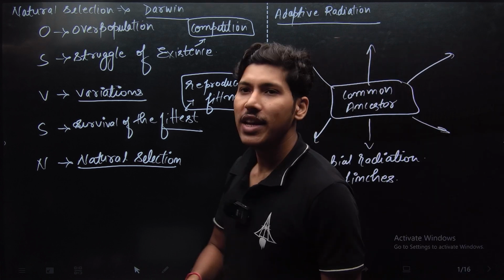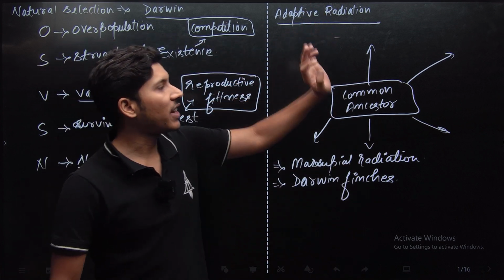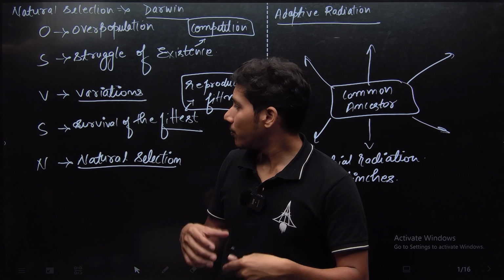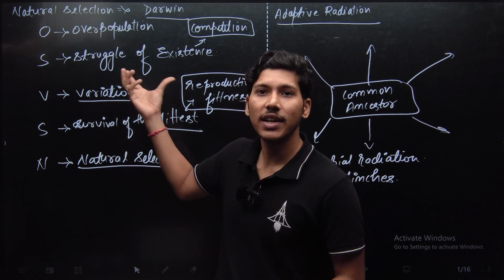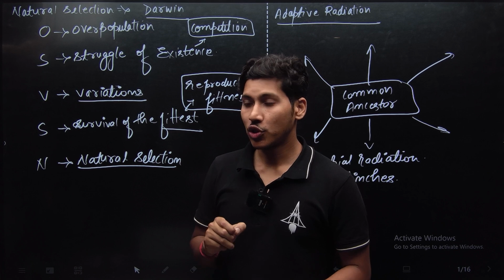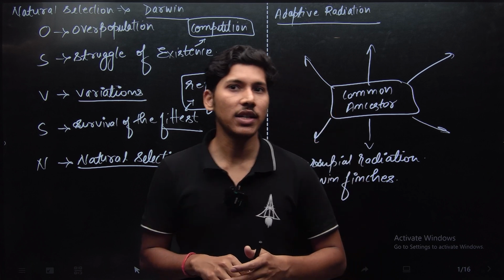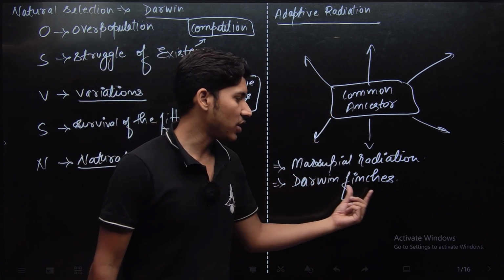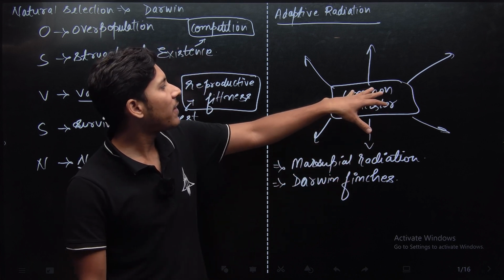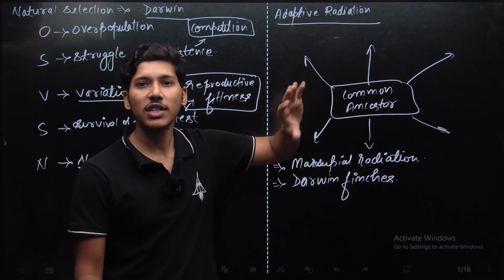Now there is one very important term which is known as adaptive radiation, which was seen by Darwin in his tour to the Galapagos Islands in the Darwin finches, and it is also seen in Australian marsupials. So what does adaptive radiation mean?